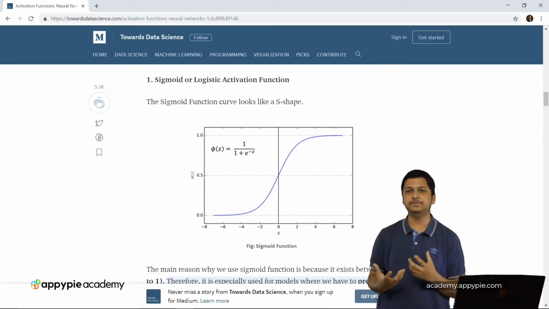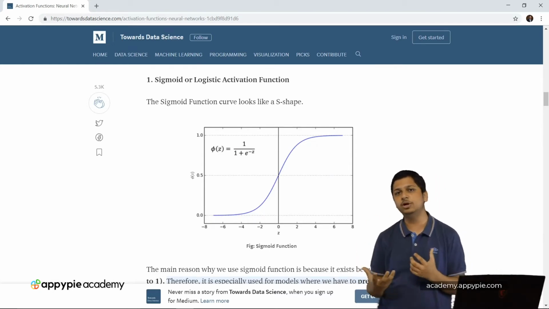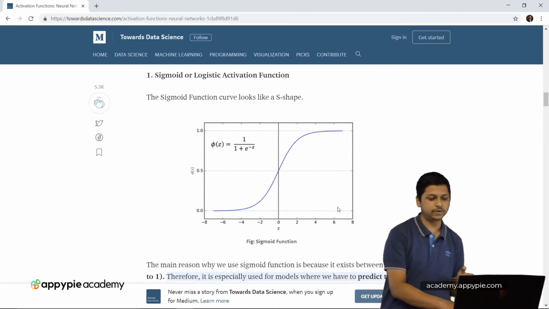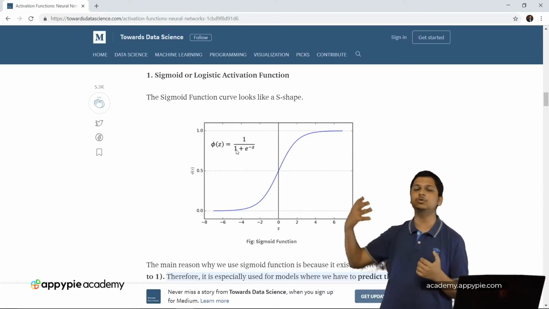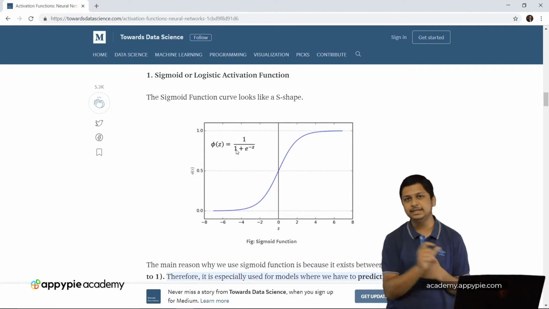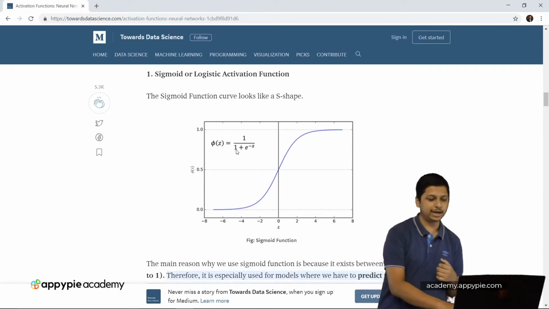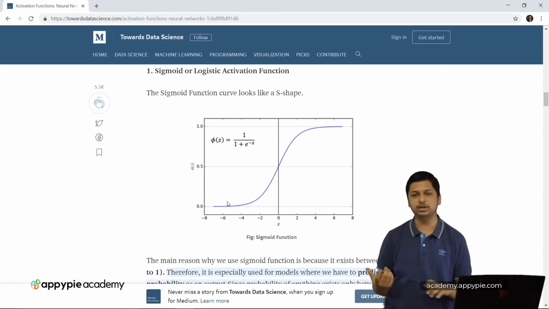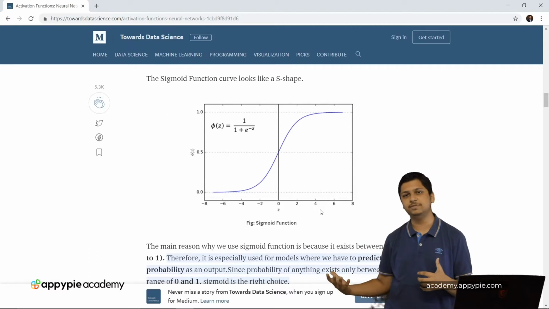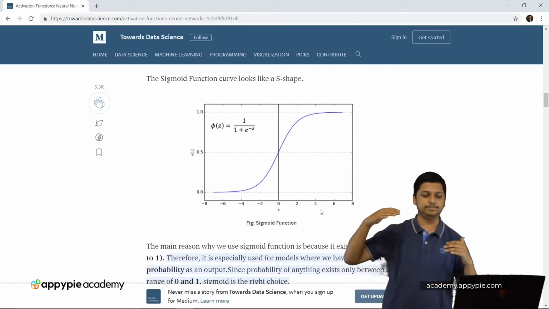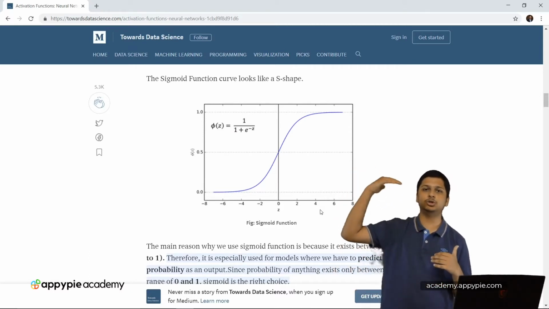In these functions, the first one is the sigmoid function. The sigmoid function uses this simple formula: 1 upon 1 plus e raised to minus z, where z is the input value. As you can see, a sigmoid function acts as an S curve. After a value of 4 or 6, the upper limit is very close to 1.